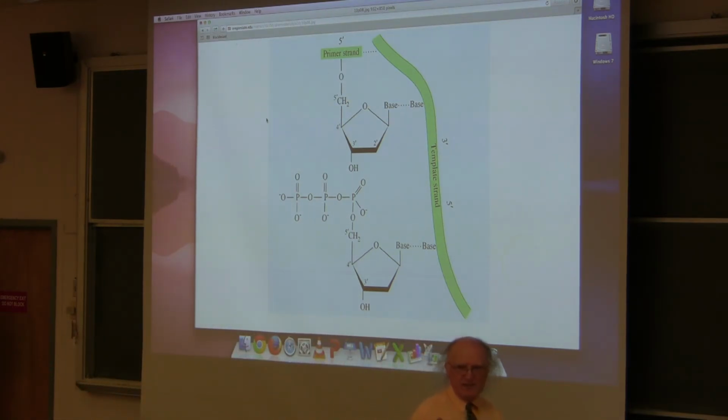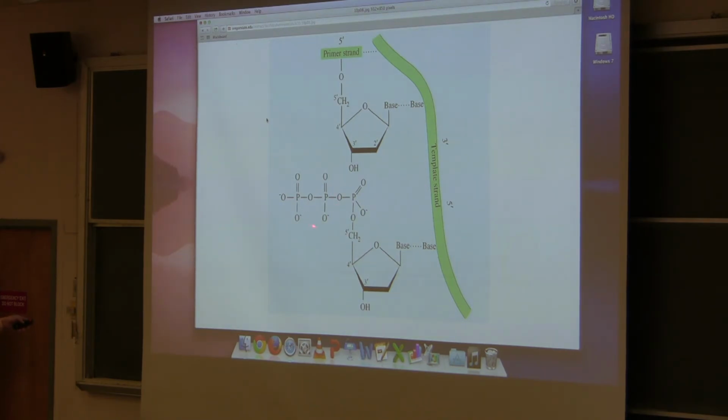Phosphodiester bonds, as I said the other day, link nucleotides. Peptide bonds link amino acids. So the enzyme that I just described to you, I'll repeat what it's doing. It's making sure it has the right base for the base pairing.